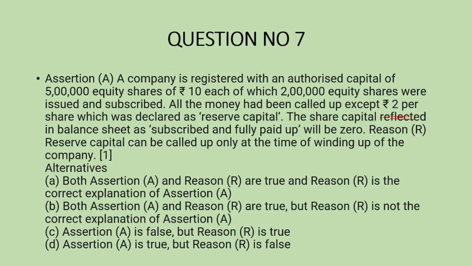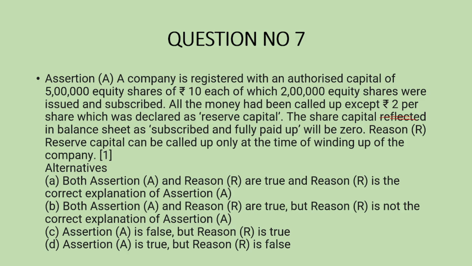The alternatives are: both the assertion A and R are true, and reason R is a complete explanation of assertion A. Both assertion A and reason R are true, but reason R is not the correct explanation of assertion A. Assertion A is false, but reason is true.